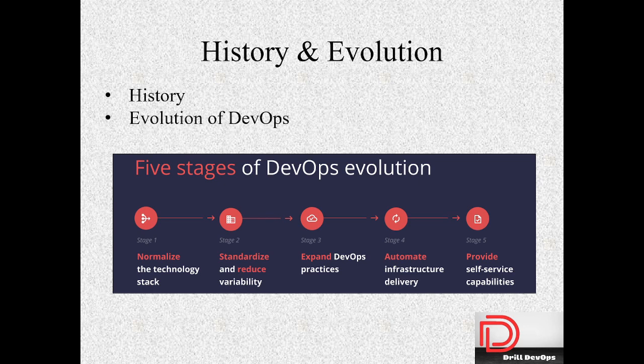We should also have a proper disaster recovery process to store our configuration management data, or any sensitive data that we are handling to maintain the project. We can have a disaster recovery system where you can handle those things in a better way. So that is where the evolution of DevOps came in.